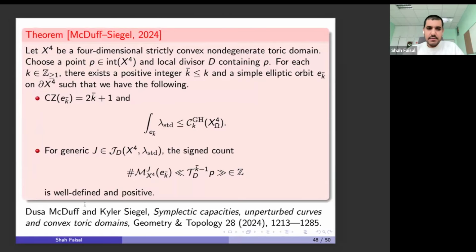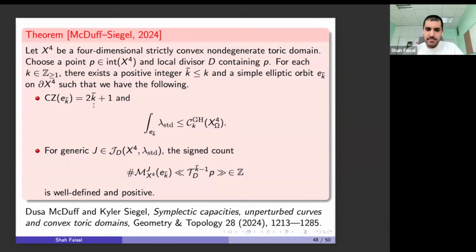If you take X to be a strictly convex non-degenerate toric domain, choose a point P in the interior and a local divisor D containing P, then for each positive integer k, there exists some other integer k bar and a simple elliptic orbit on the boundary such that the following hold.